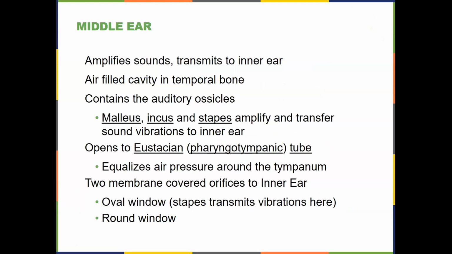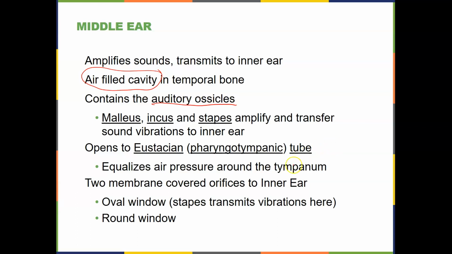So what does the middle ear do? That's where the auditory ossicles live, like I mentioned, the incus, the malleus, the stapes. And for some reason, I always call it the incus malleus. It's malleus, incus, stapes. Basically, the middle ear amplifies the sound that we're hearing into the inner ear. And when we're healthy, it's an air-filled cavity. It should not have a bunch of fluid in there.